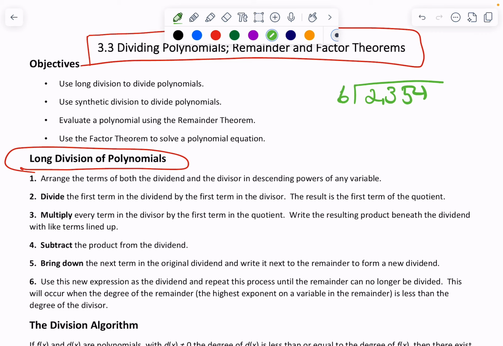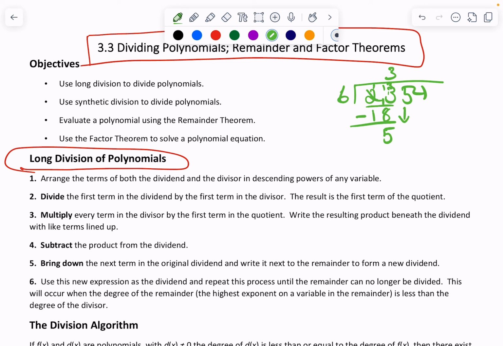So 6 does not go into 2, so we're going to have to take the 3 with us. So 23. 6 goes into 23 3 times. 3 times 6 is 18. So we multiply 3 times 6, put 18 under, and subtract. We need to borrow 1 from the 2 to get 13 here. So 13 minus 8 is 5, and 1 minus 1 is 0.